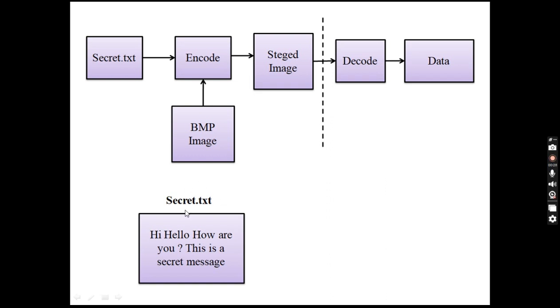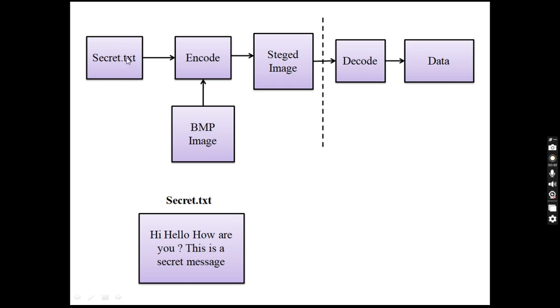So if I want to transmit this data, I have to make use of encoding operation. So I have to take one BMP image and I have to store this data, that is secret.txt file data, inside this BMP image. So encoding is nothing but hiding the data. So here we are hiding the data present inside the secret.txt file into this BMP image.